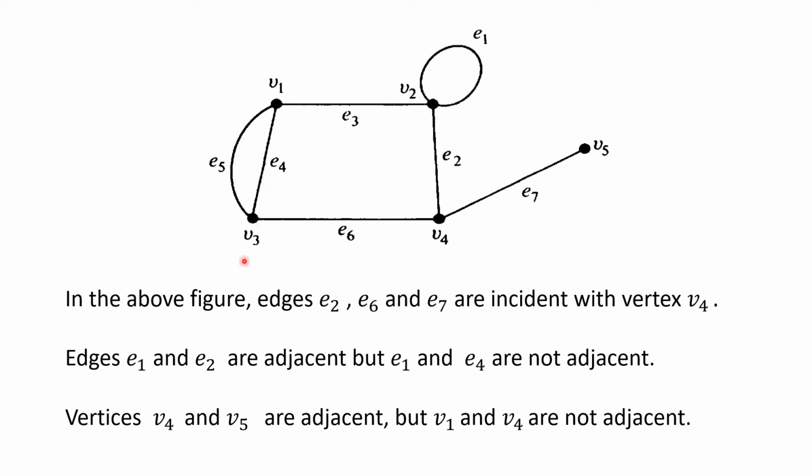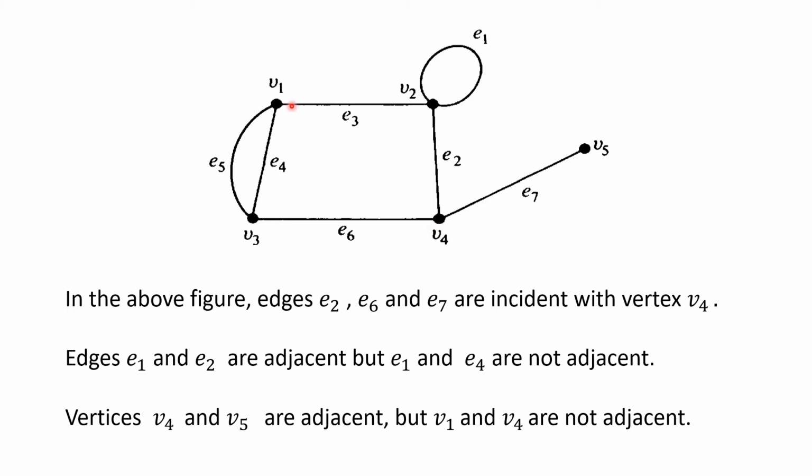Now consider the vertices. Vertices V4 and V5 are adjacent because there is an edge between V4 and V5. Vertices are adjacent means there is an edge between those two vertices. Here see, vertices V1 and V2 are adjacent, but vertices V1 and V4 are not adjacent because there is no edge between V1 and V4.